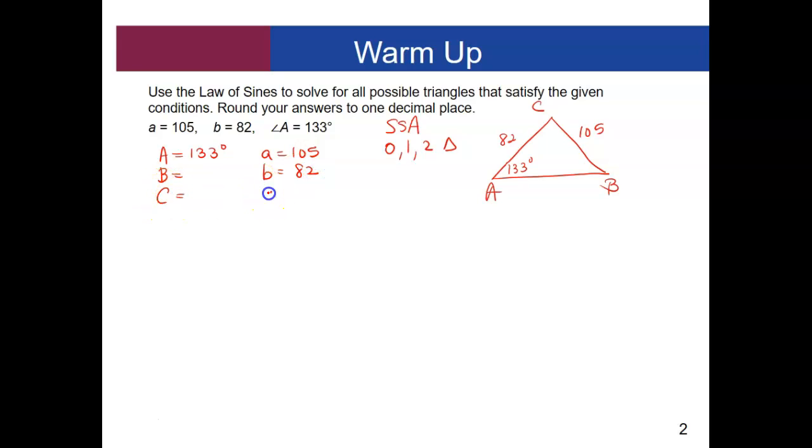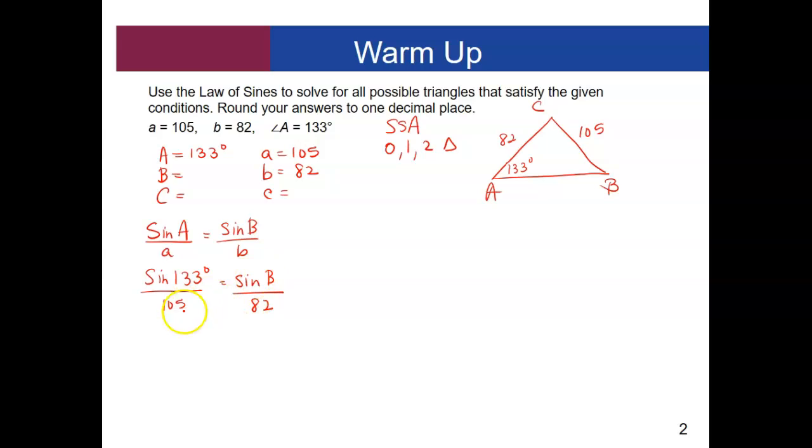Angle C we don't know, and we also don't know side C. I clearly have all the information for letter A, so I'm going to use sine of A over A. And since I have part of the information for B, I'm going to do sine of B over B. So that's sine of 133 degrees divided by 105 equal to the sine of angle B over 82.